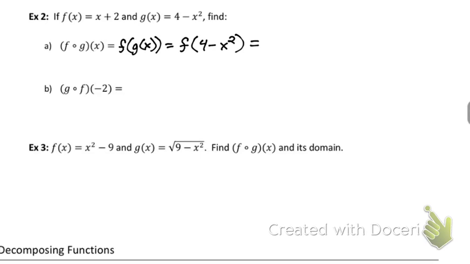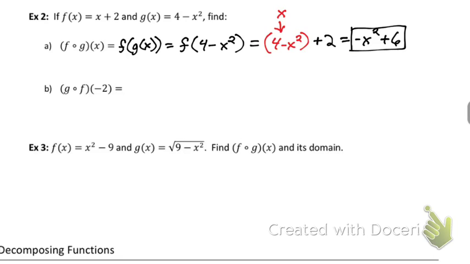So that's going to result in, instead of that x, 4 minus x squared, and we still have that plus 2 on the end. So once again, I just replaced that x with 4 minus x squared. Then we simplify, and I'd have negative x squared plus 6.